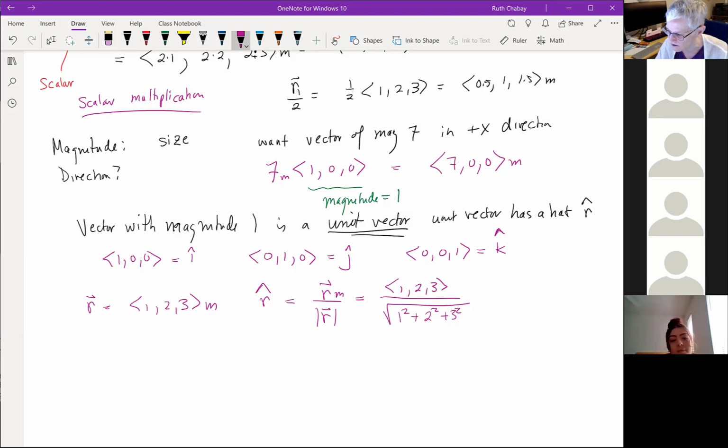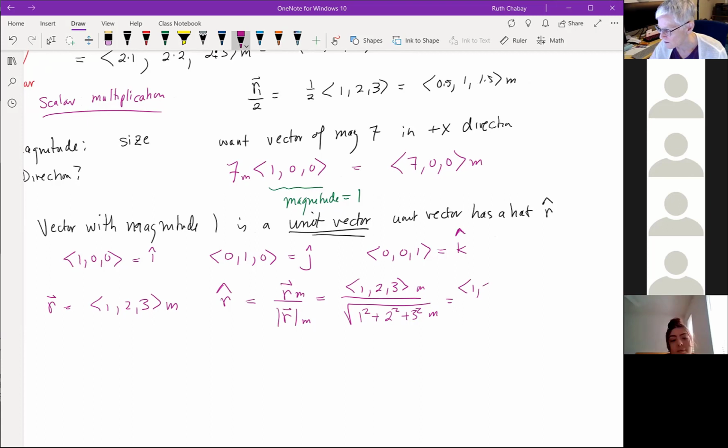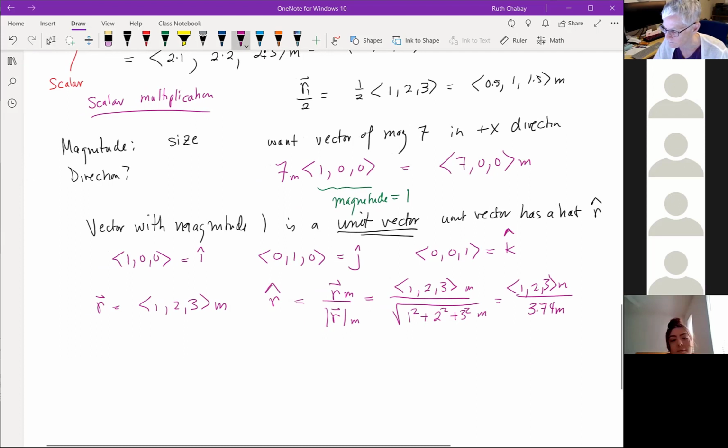Say it's a position vector, so these are meters. So we get 1, 2, 3 meters divided by 3.74 meters, which comes out to 0.267, 0.534, 0.802.